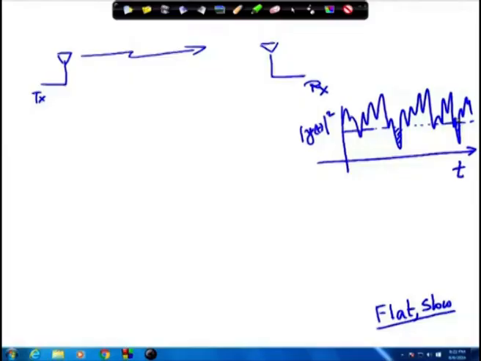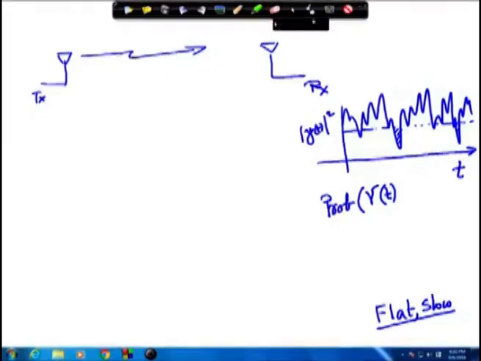So, we have actually talked about this, indicating that these are performance metrics, means if it goes below a threshold, there is outage, and what we usually define, of course, other than BER, is the probability that the received SNR is less than a certain threshold.